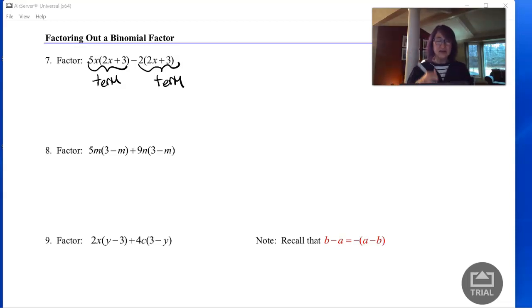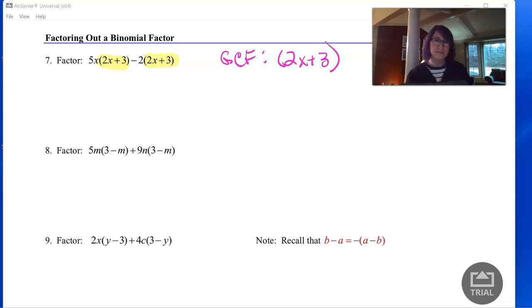When I look at this, I clearly see that the 2x plus 3 is the same between each of those terms. It's being multiplied times something else. So our GCF, strangely enough, is going to be that 2x plus 3.